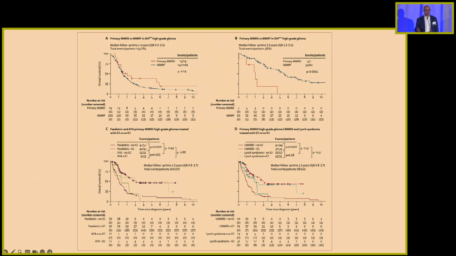These patients respond to immunotherapy. I don't know if you uniformly test for MMRD or for hypermutator status in young patients with glioma. It's something we've instituted now in Ontario. Again, it captures about 8% of patients. These are patients we no longer treat with chemoradiation. We treat these patients with immunotherapy.